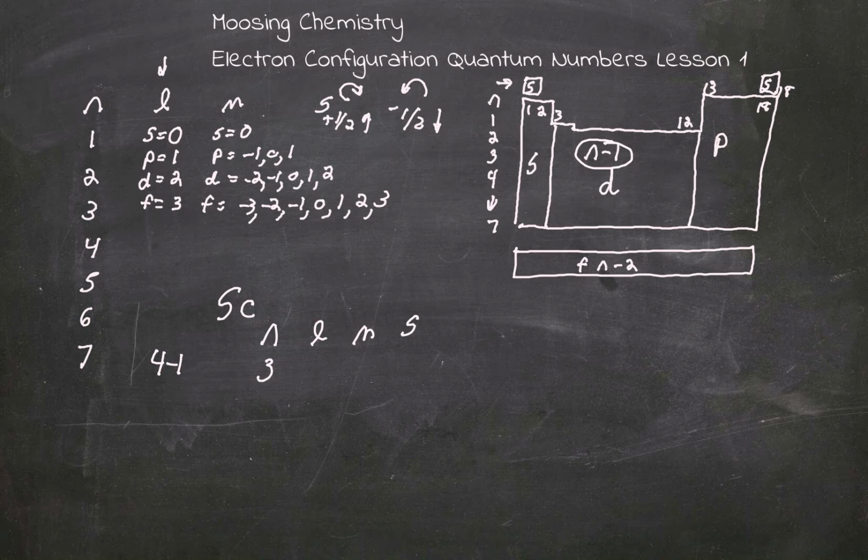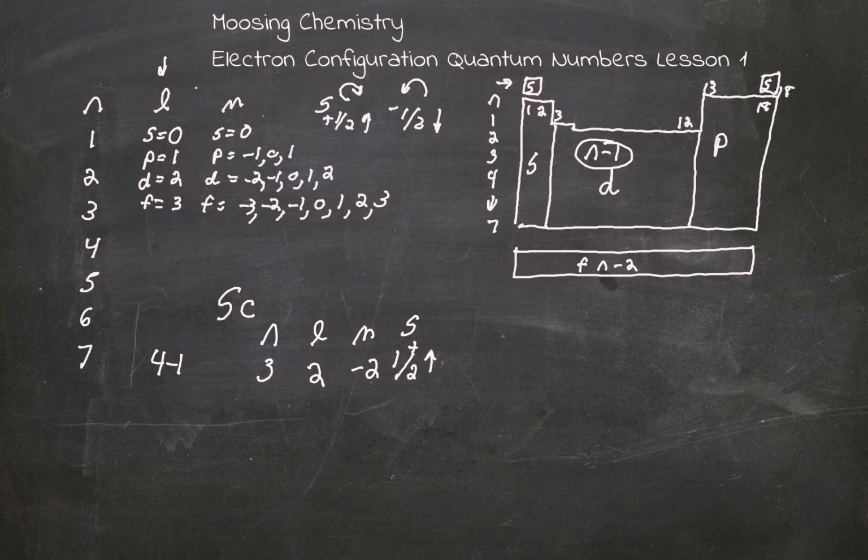The L value is going to be 2. The M value, in this case, is going to be negative 2. Why? Because scandium is the first element going across the periodic table, and we need to show you in another lesson how that works. Now, it's going to have an up value with the S, so it's going to be 1/2 positive.